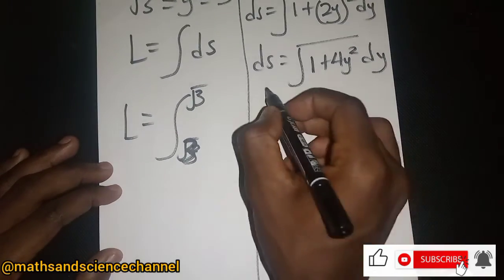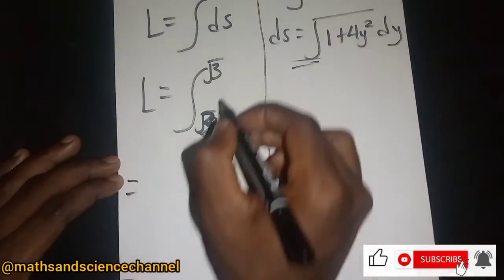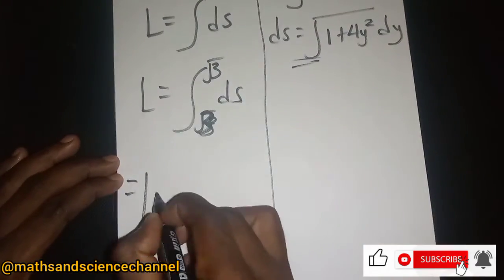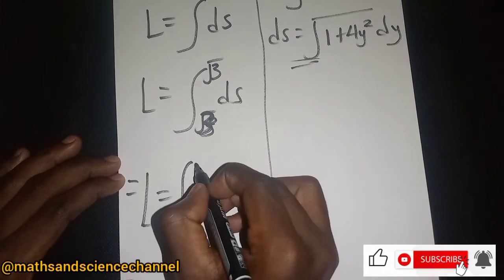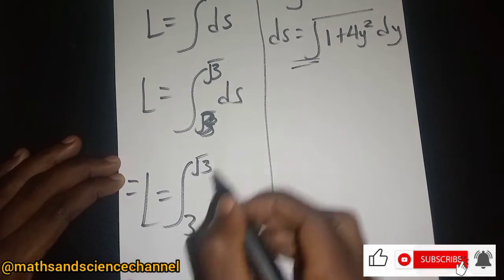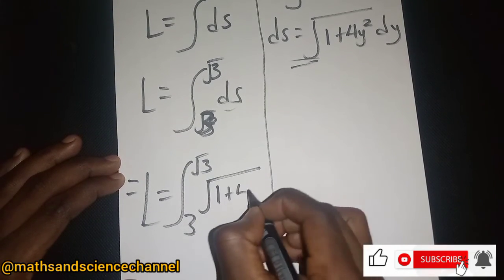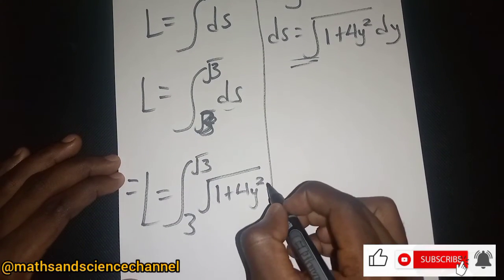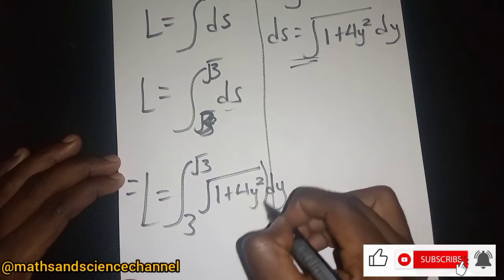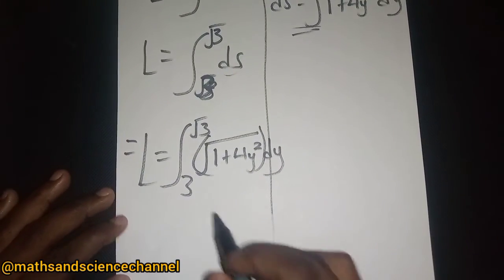So this is what we have for ds. So we're going to get the integral from square root of 3 to 3, and ds is just that. So that will be the square root of 1 plus 4y squared dy, right? So we've set that one too.